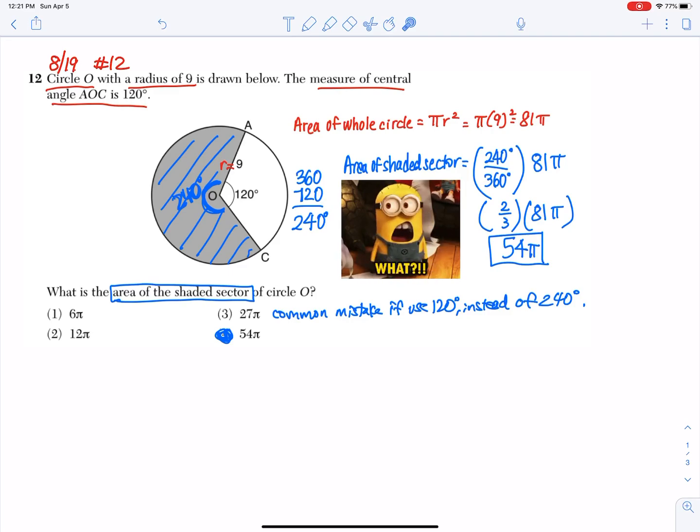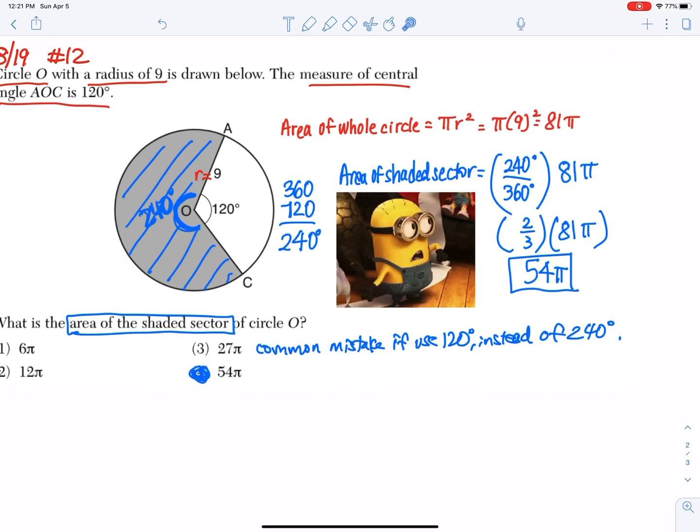First, let's find the area of the whole circle. The formula for finding the area of a whole circle is pi r squared. The radius here is 9, so we plug in pi times 9 squared, which is 81 pi.